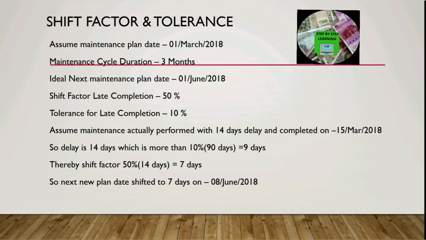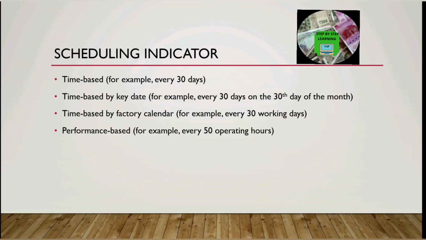So there are four scheduling indicators in the system. Time based means if you want the maintenance order to be generated every 30 days. Then there is time based by key date, so every 30 days on the 30th day of the month.